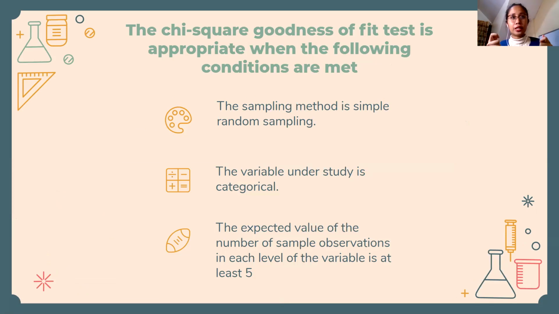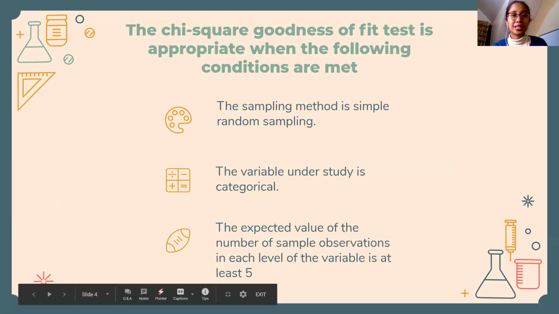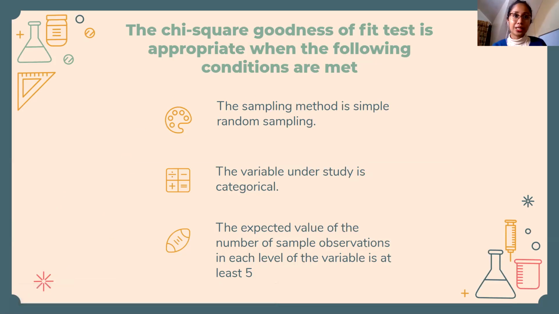So class, when do we use chi-square goodness of fit? These are our conditions that should be met. If not, wag mo lang gamitin ng chi-square. Number 1, the sampling method is simple random sampling, so you acquired your sample through randomization. Next, the variable under study are categorical variables. So may categories na group sila into categories.